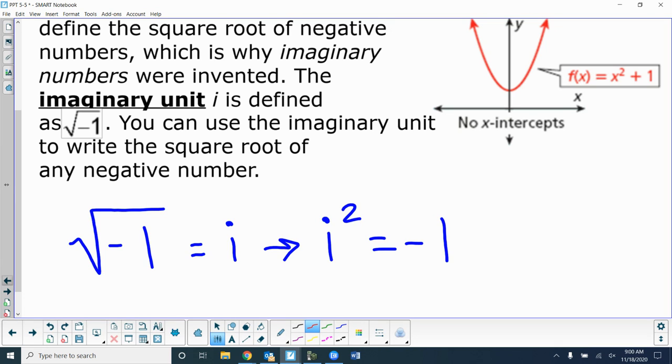In your problems today, you're going to see negatives under the radical sign, and you're going to see some i squareds that you'll have to change to negative 1. Like if I had 5i squared, you would change that to negative 5, because that's 5 times negative 1. If I had negative 10i squared, that's negative 10 times negative 1, so you would turn it into a positive. So learn it. Remember it. Don't forget it. Any questions so far?